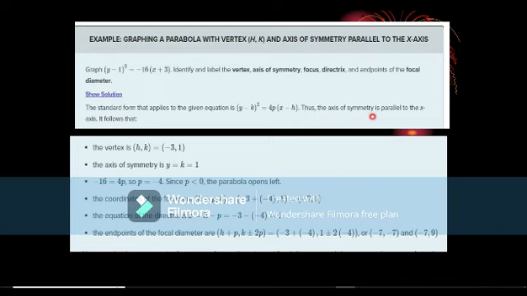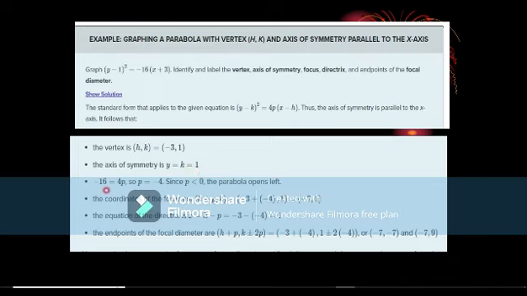Thus, the axis of symmetry is parallel to the x-axis. So it follows that the vertex is (h, k), which is x minus h, so that is negative 3, and this is y minus k, so this should be 1. The vertex is (negative 3, 1). And the axis of symmetry, y is equal to k, is equal to 1.